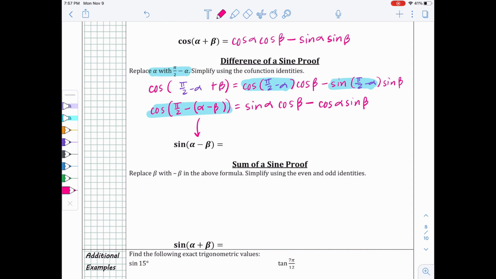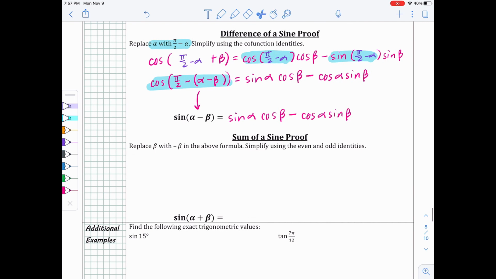So the sine of alpha minus beta is equal to the sine of alpha times the cosine of beta minus the cosine of alpha times the sine of beta. One difference you'll see between the sum of sines proof and the difference of sines proof is that the signage between them matches. The sine of alpha minus beta is separated on the right-hand side also with a negative sign.